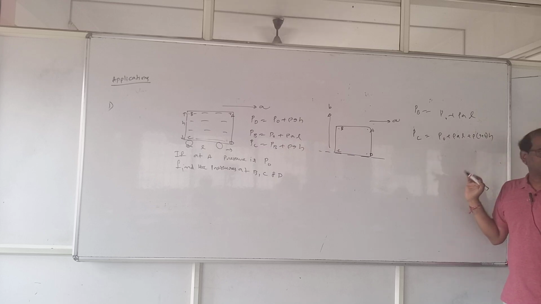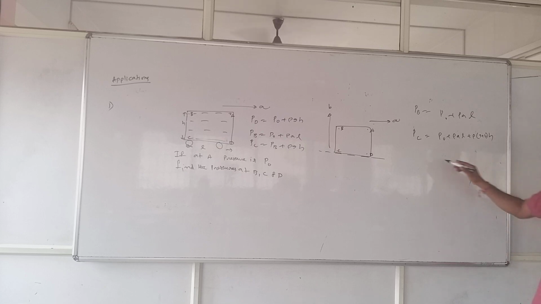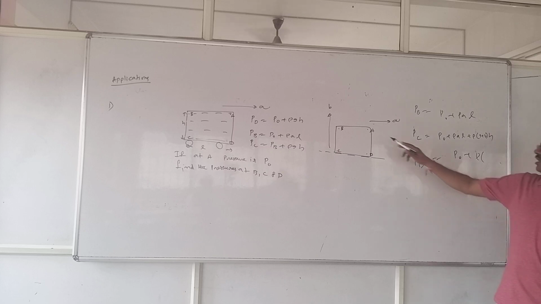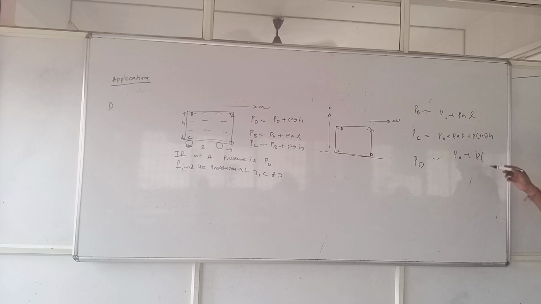Okay, correct. P at D, tell clearly. Why will rho a L come? Is there any length difference? Then we are telling rho g h. That is P at D. Okay?